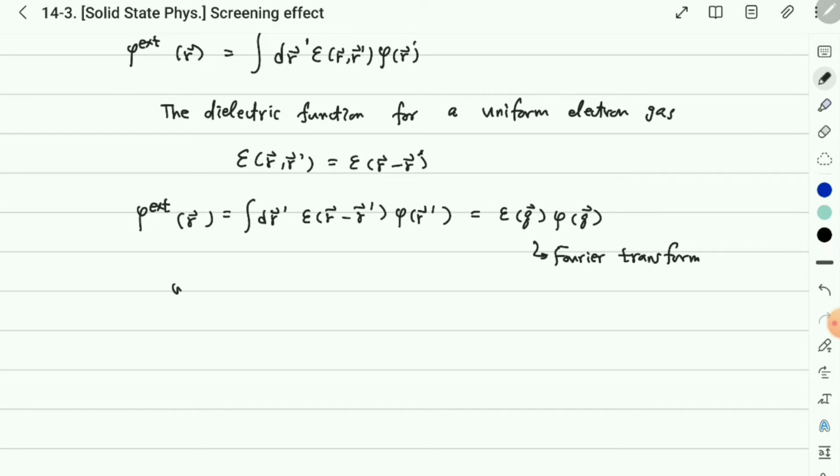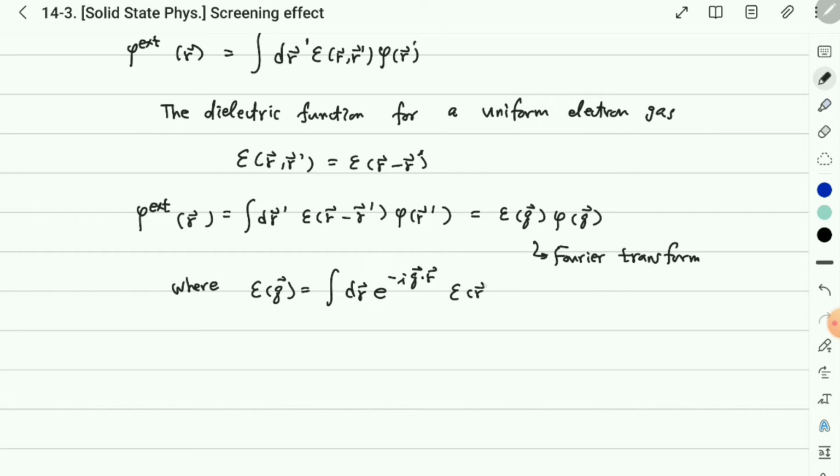Here epsilon of q is the Fourier transform of epsilon in real space: the integral of exponential minus i q dot r times epsilon of r.